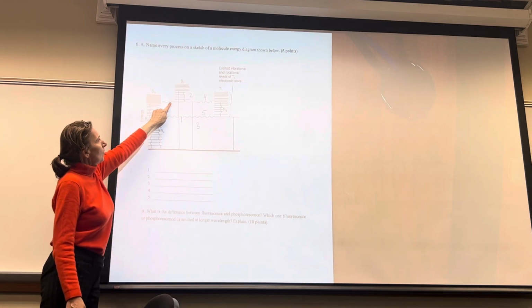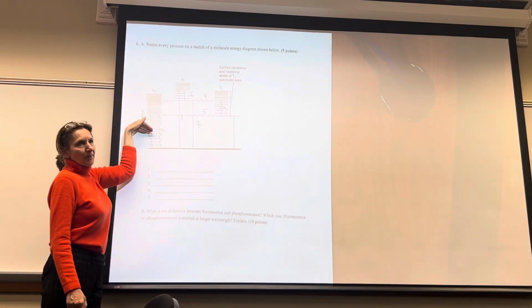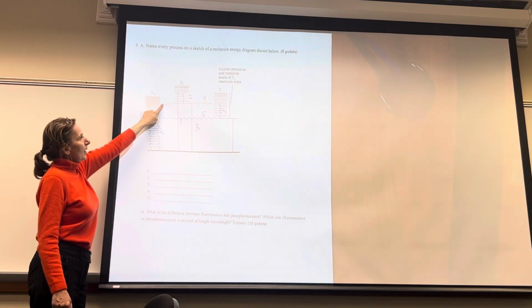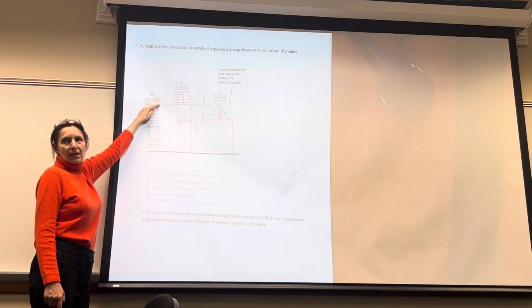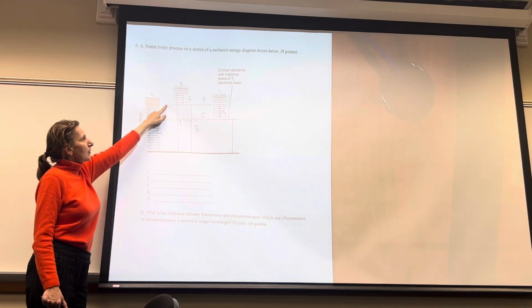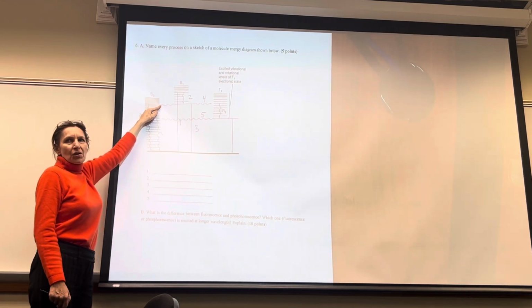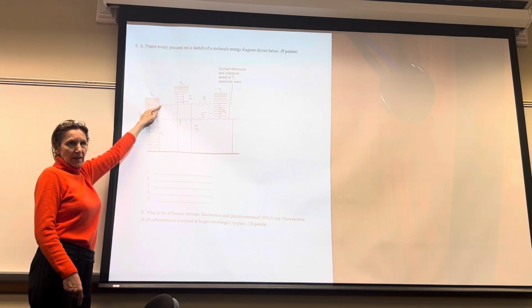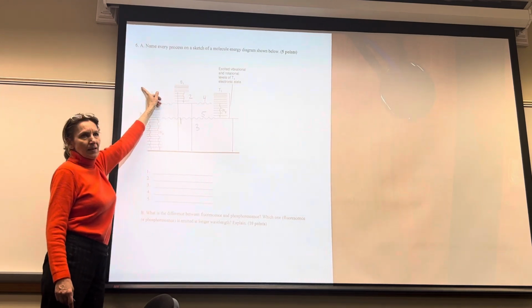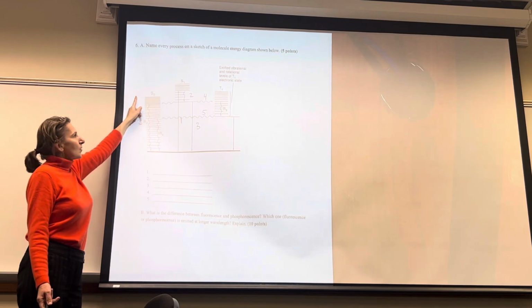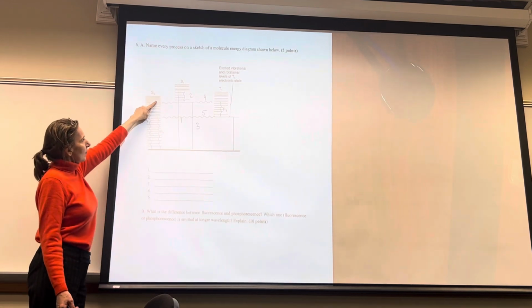We could go up to here. If we have many vibrational rotational states, we could go, and what happens? How do we call this process? Internal conversion. We do not change singlet to something else. It was singlet excited, it's singlet ground. Okay, internal conversion.